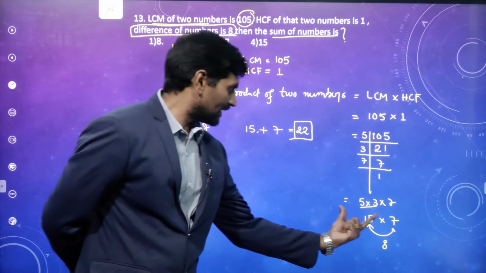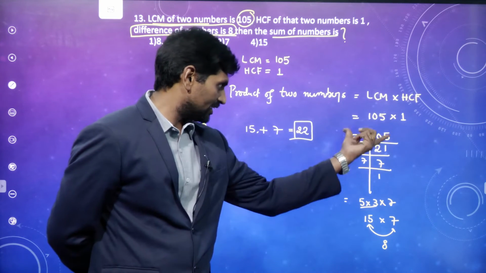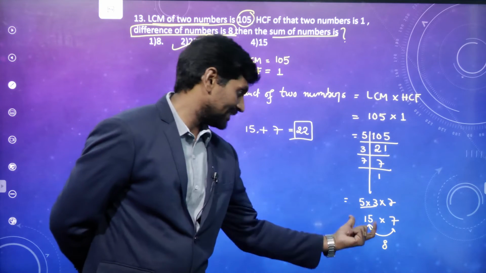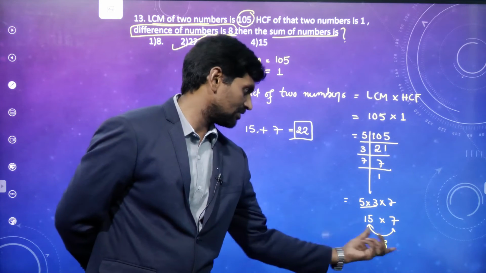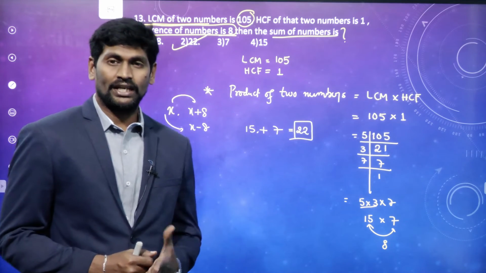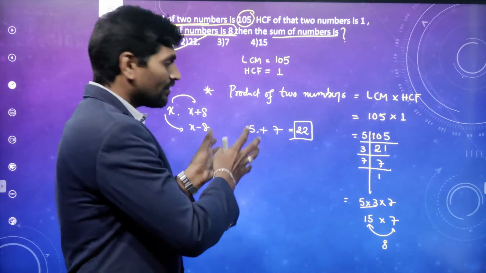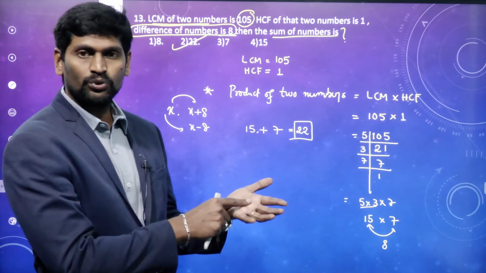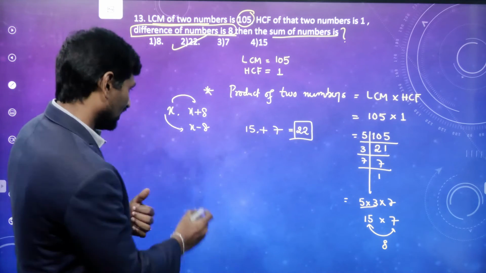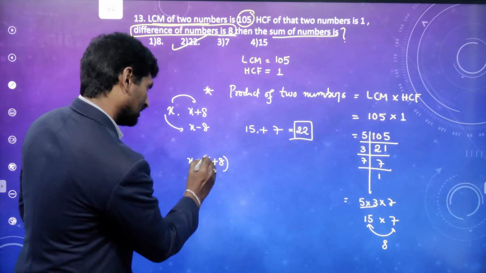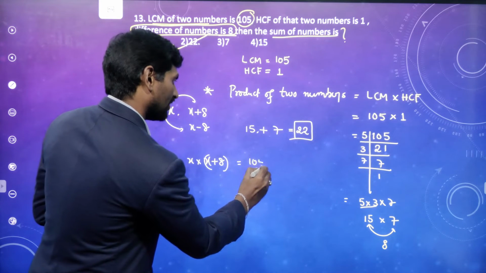Here we are just guessing the numbers by identifying the prime factors of 105. It is exactly correct only because 15 and 7 have a difference of 8. We can do it another way also: take the unknown value as x, and the other number is x plus 8. The product x into x plus 8 equals 105.